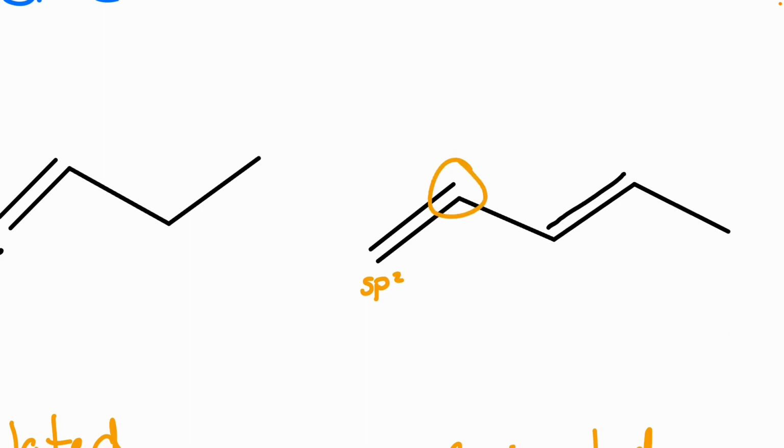What about this one? Also sp2. What about this one? Also sp2. What about this one? Also sp2. So what makes our conjugated dienes so special is we have sp2 hybridized carbons all lined up next to each other, all in a row here.